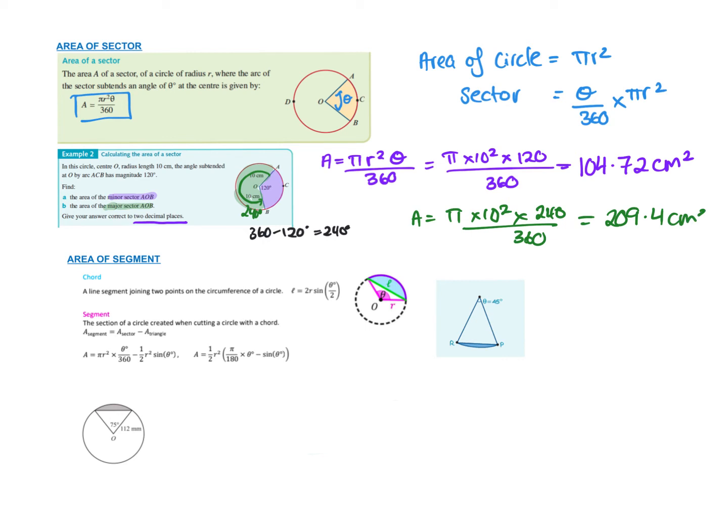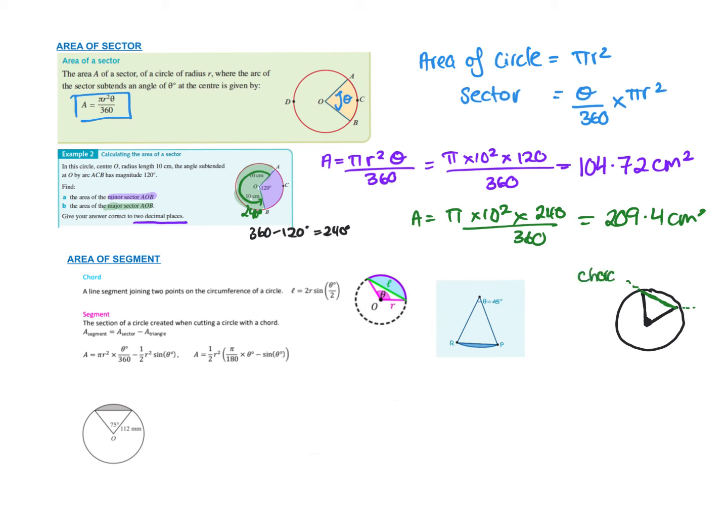Now, the area of a segment. What a segment is, just so you know, is a part of a circle. If you first cut it like that, I've cut out a sector. But then what they do is put a line across here, and that line is a chord.